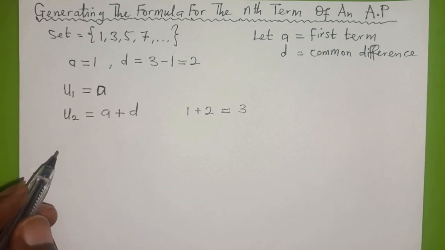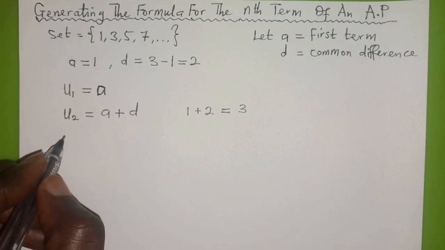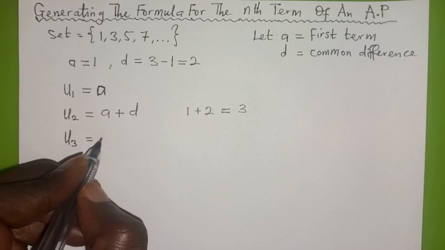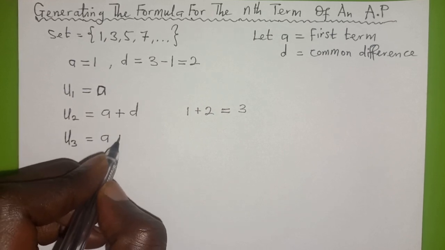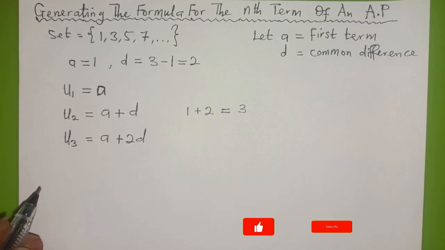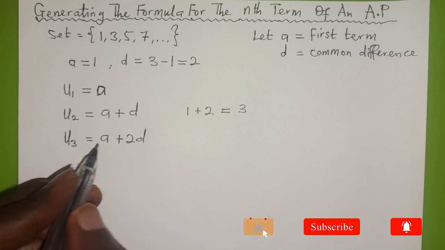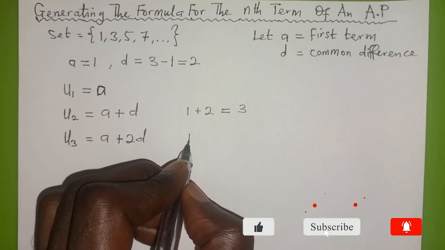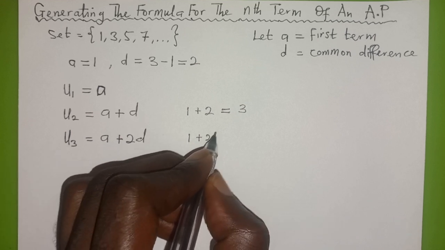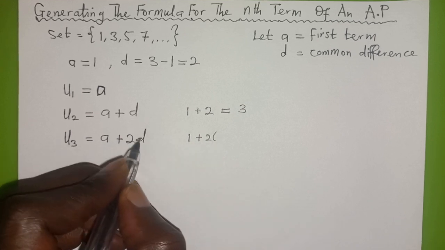All right, so let's move on to our U3. U3 is equal to A plus 2D. Now this is the same. Our first term is 1 plus 2 multiplied by our common difference, 2.